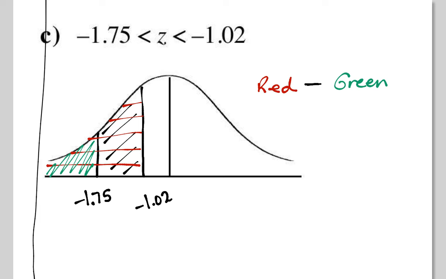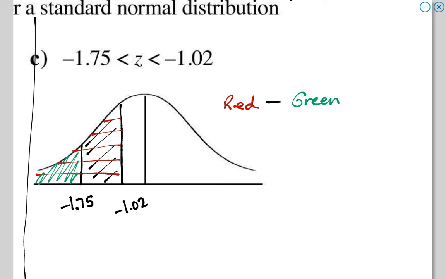Try to imagine this with the color. The red is all the area to the left of the 1.02, right? The red is everything left of this one. And the green is everything left of this one. If I took those two areas and subtracted them, I would be left with just the black. Good. So red minus green equals the black.